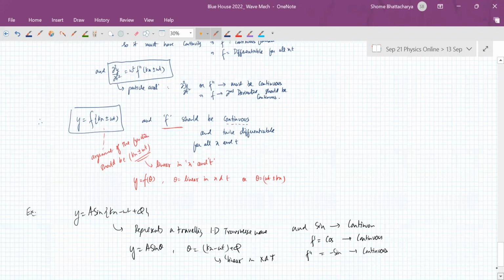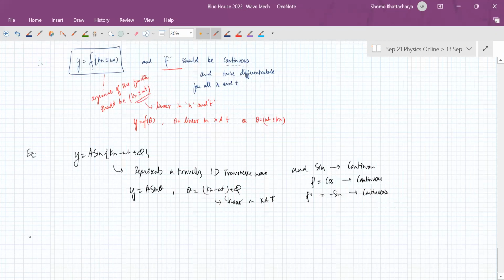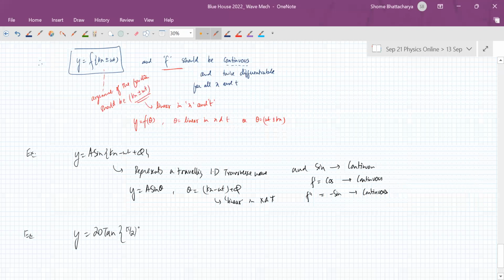But for example, if we had a function like this, y is equal to, let's say, 20 tan of pi by 2 x minus, let's say, 50 pi t. So this is a function of the type kx minus omega t. That's okay.